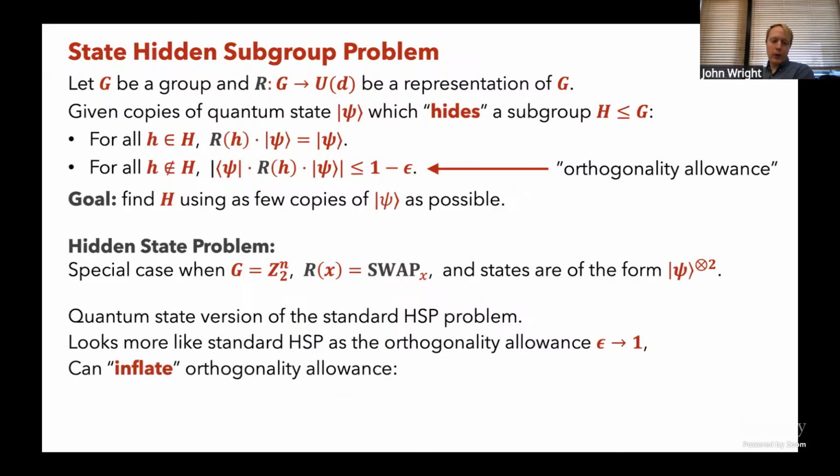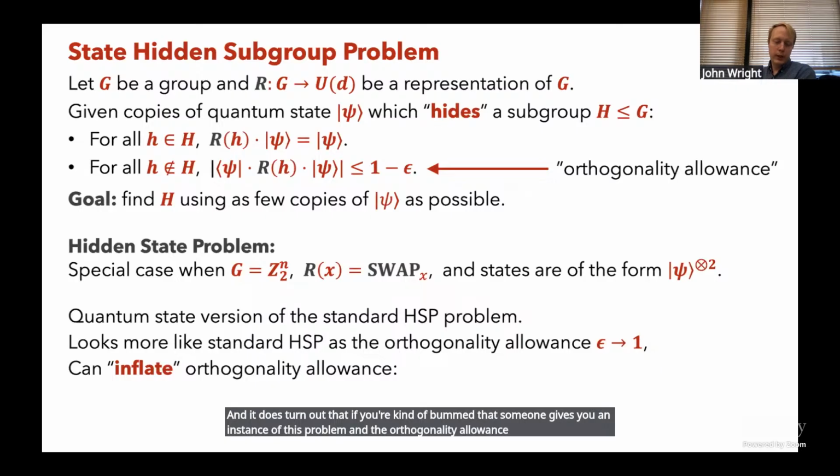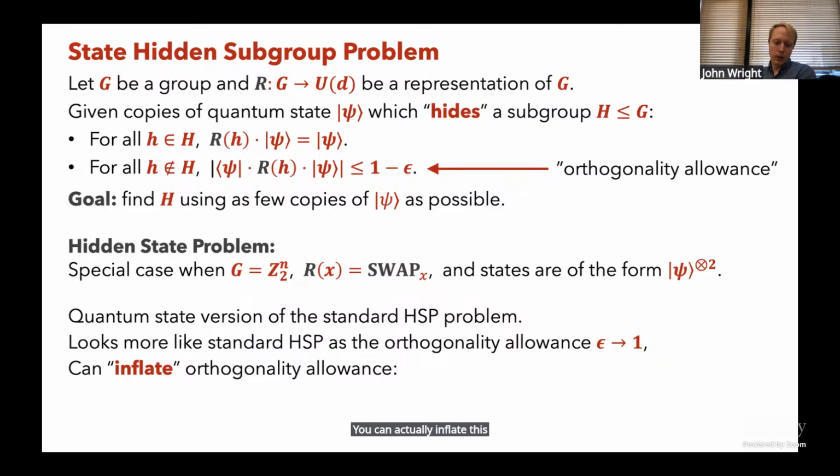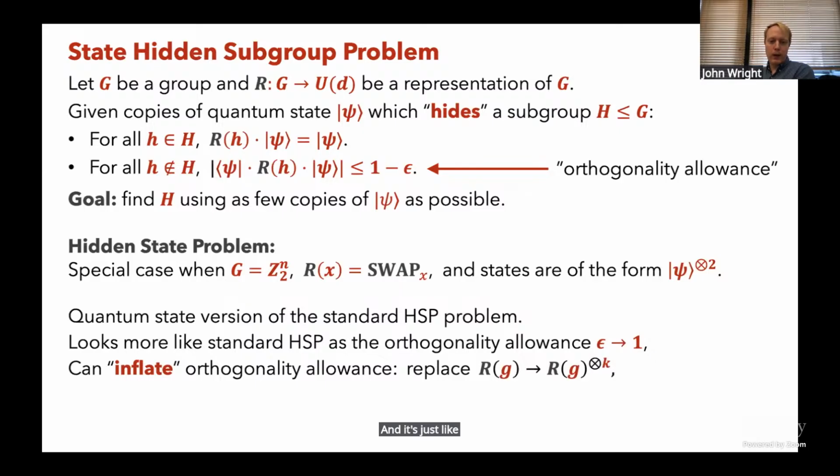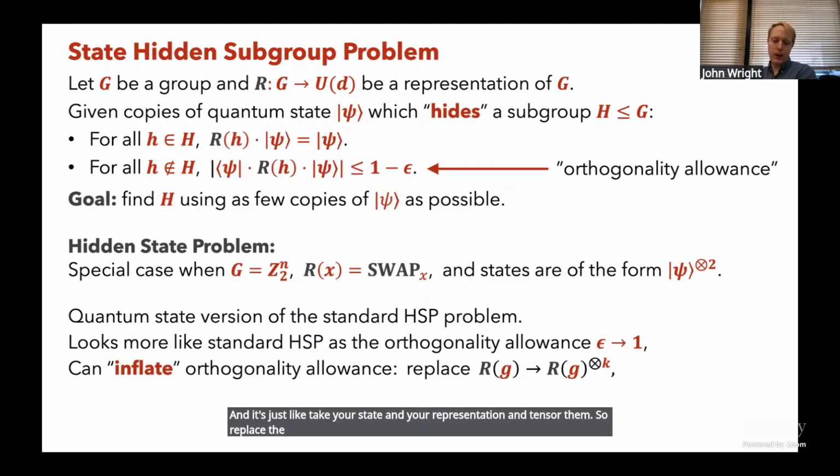And it does turn out that if someone gives you an instance of this problem and the orthogonality allowance is very close to 1, you can actually inflate this parameter epsilon and make it bigger and bigger in kind of a standard way. You just take your state and your representation and tensor them. So replace the representation of your group by the representation tensor k, and replace your states by the states tensor k.